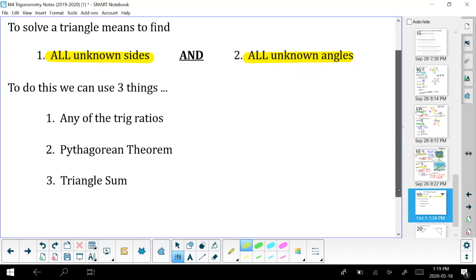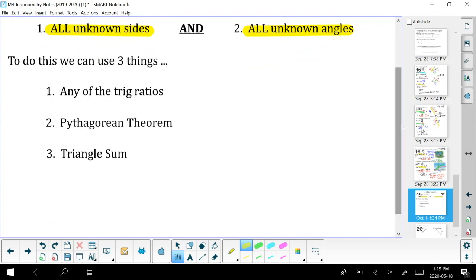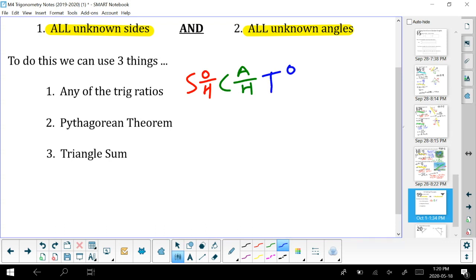So three strategies or three tools we can use to help us do all of this is any of our trig ratios. Remember, we have your SOHCAHTOA. So we have sine, which is opposite over hypotenuse, cosine, or CAH, which is adjacent over hypotenuse, and TOA, so that's tangent, which is opposite over adjacent. You can use the Pythagorean theorem, which is a squared plus b squared is equal to c squared.